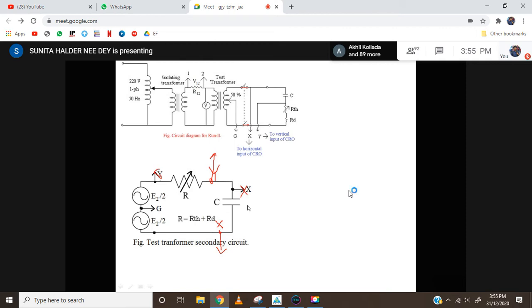So in between R and C, this point is termed as Y. And between the supply voltage and C, this is X. Am I right? Yes, ma'am. Right?